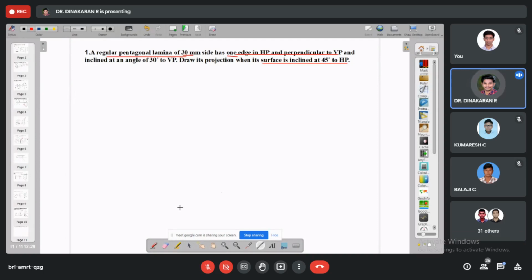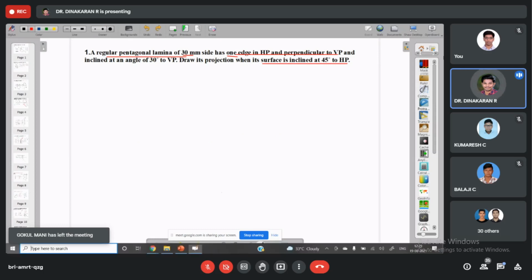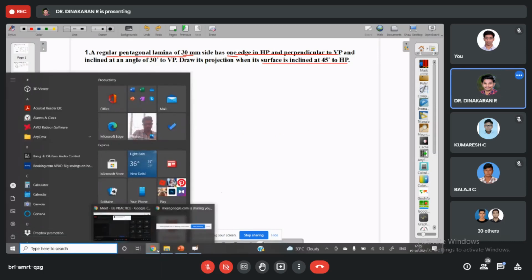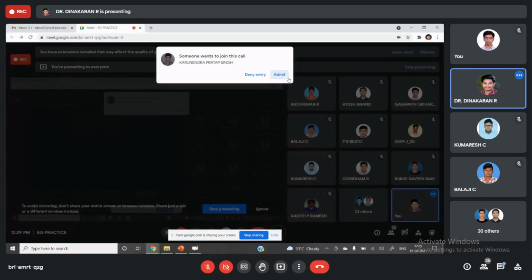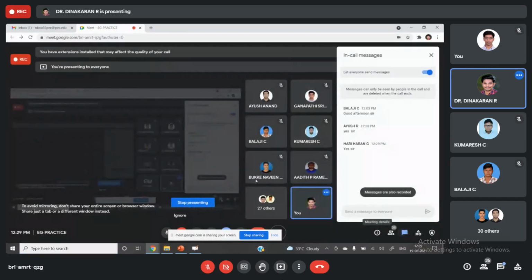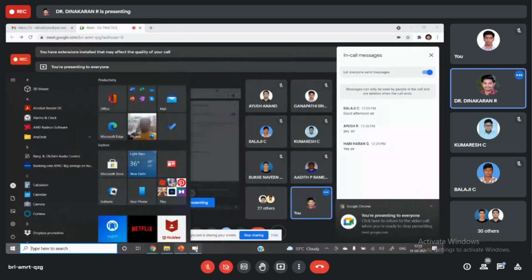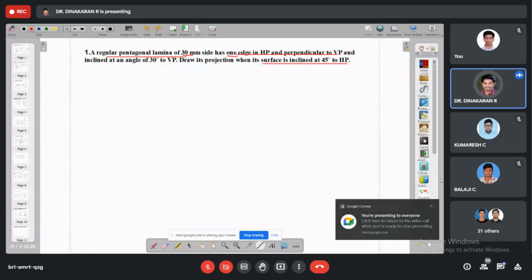Aishan, tell me the procedure. The question is given, both inclinations are given, and where it is resting is also given. Tell me the procedure for how to draw this problem. Anyone tell me, it's open to all.